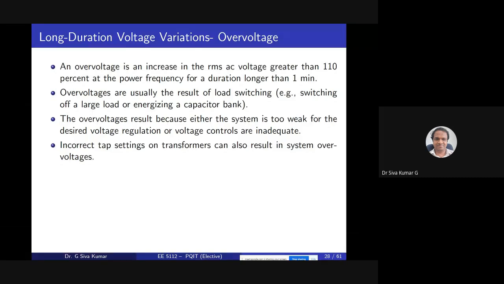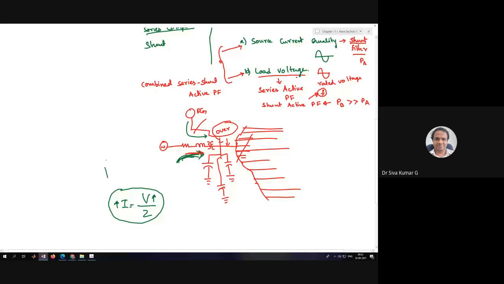Generally, a very important point over here: the voltage variation greater than 110% for a duration of less than 1 minute.